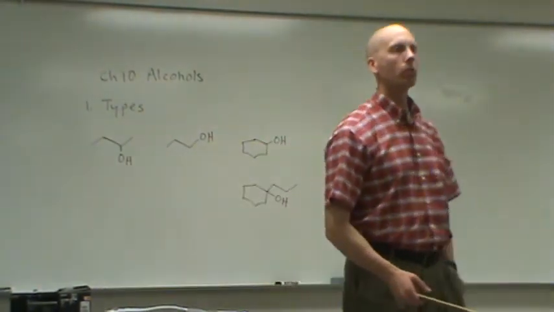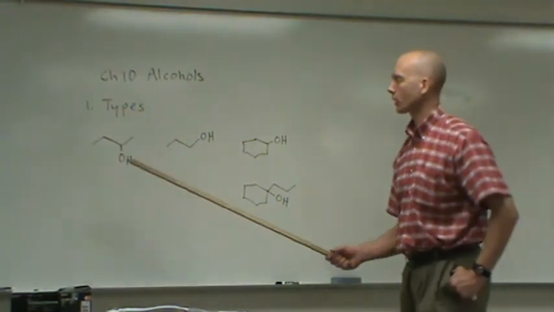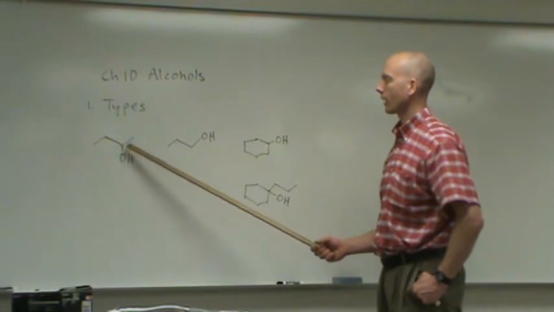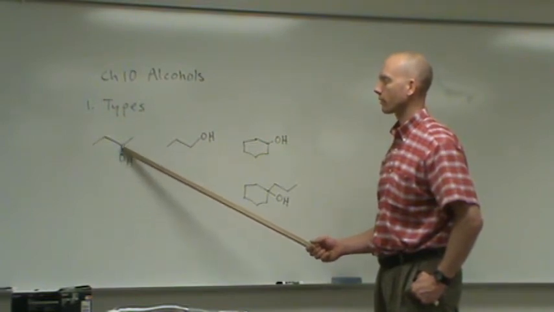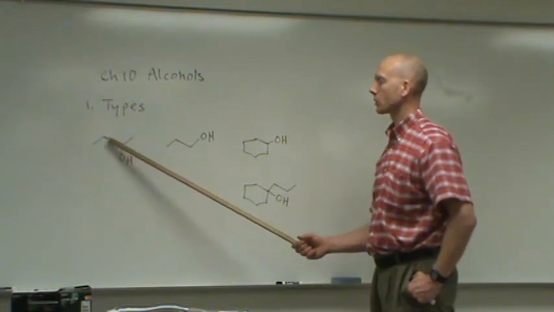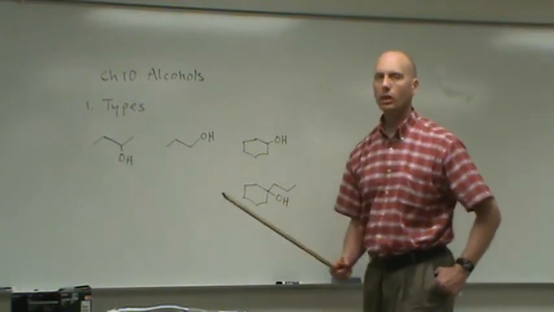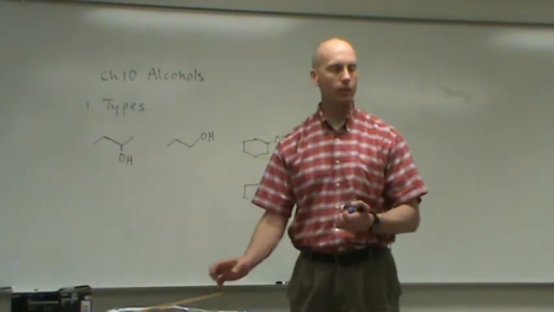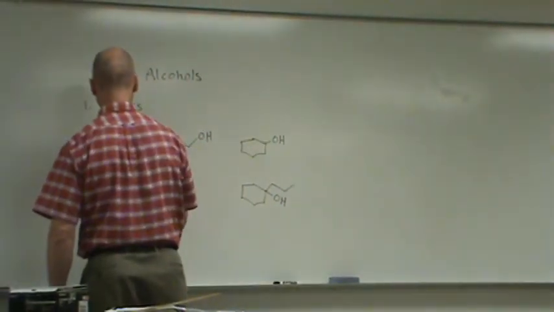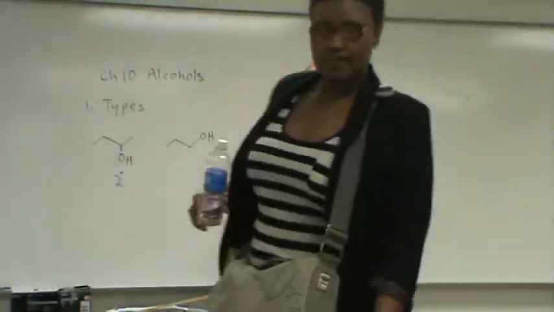So we go to the carbon that has the OH on it and ask what kind of carbon is that? Secondary. It has two carbons on it. So this here would be a secondary alcohol.